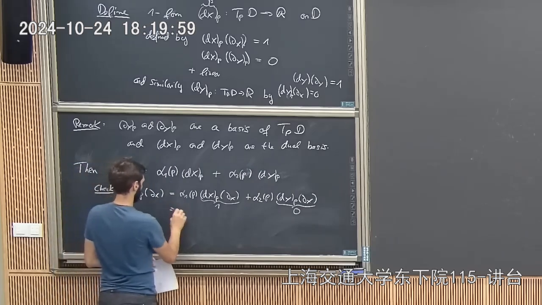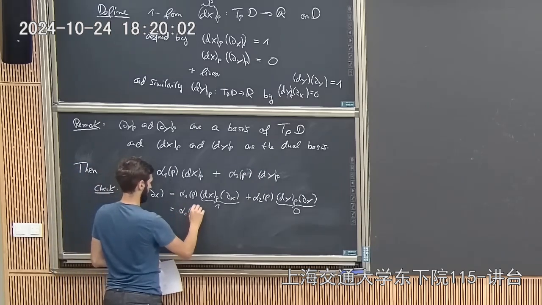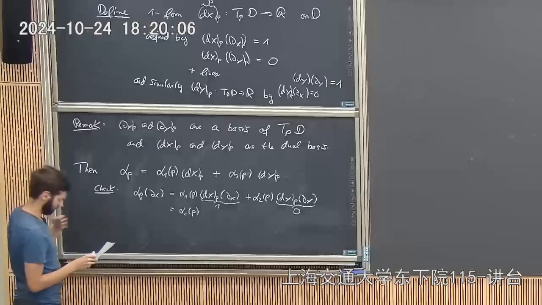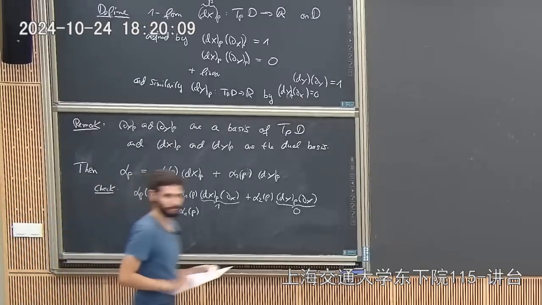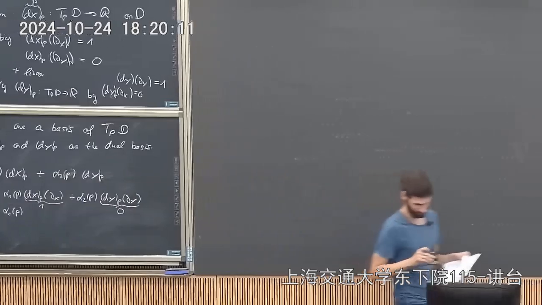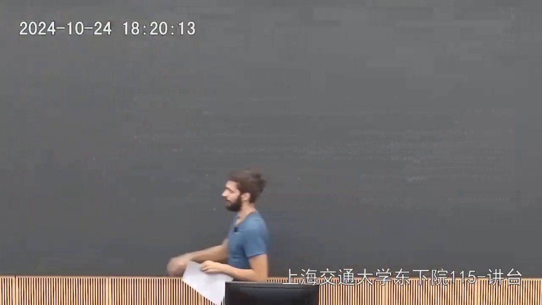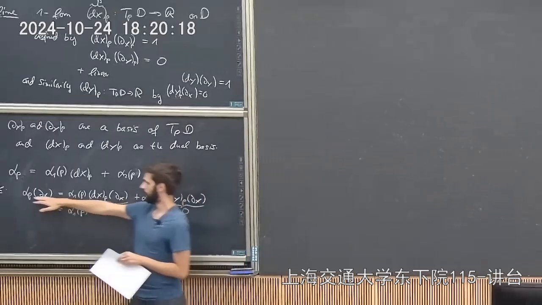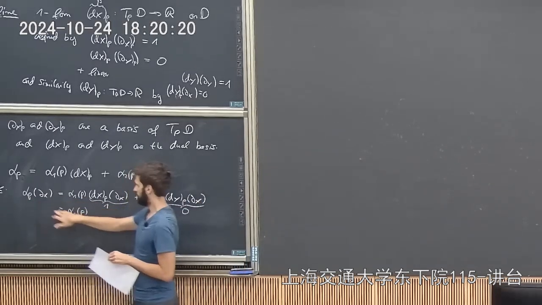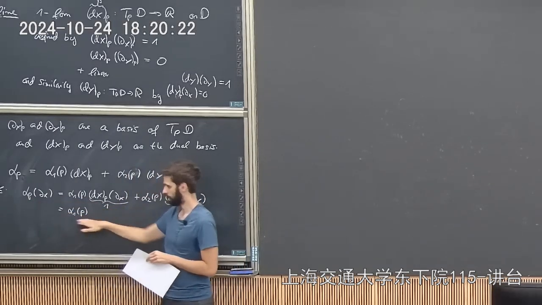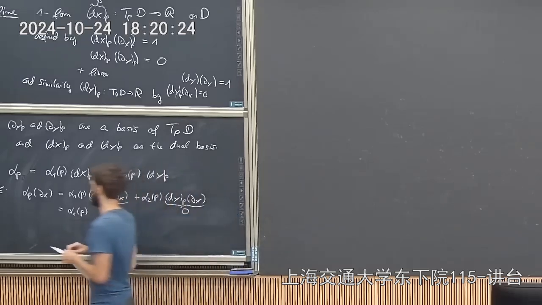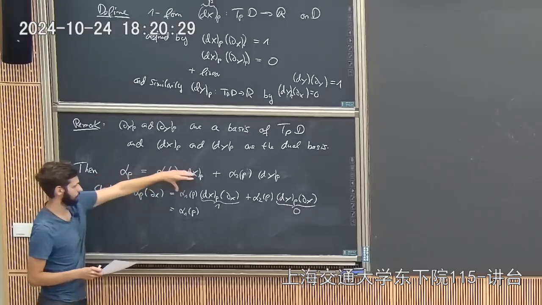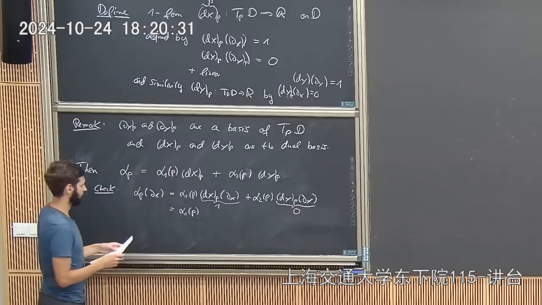So what we end up with is alpha 1 at p. What we see now is that alpha at p evaluated on the partial x equals alpha 1 of p, but that was exactly the definition. So we saw that the left-hand side coincides with the right-hand side when evaluated on the partial x.